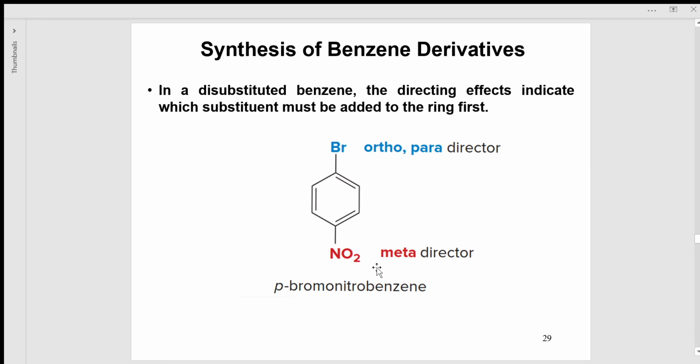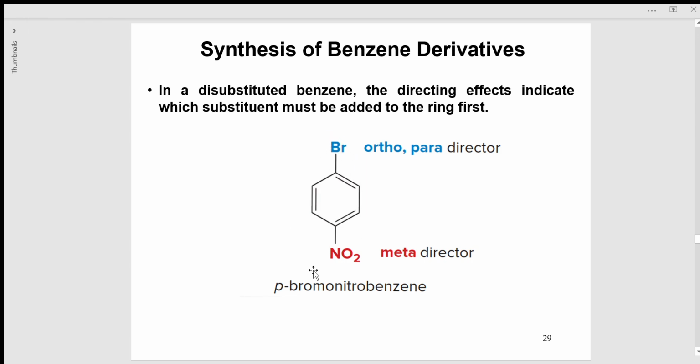Then we do the nitration reaction. We possibly can have the nitro groups at this position. First bromine, second nitro group here again because this is an ortho para director. This is possible.